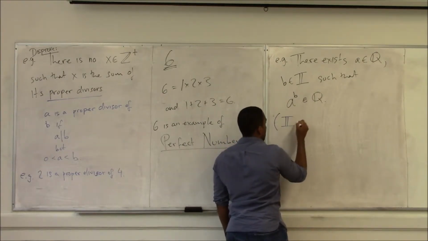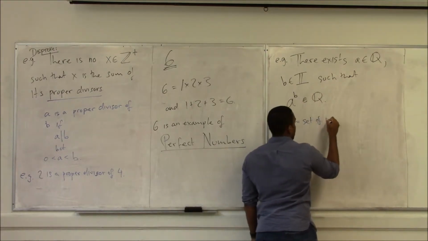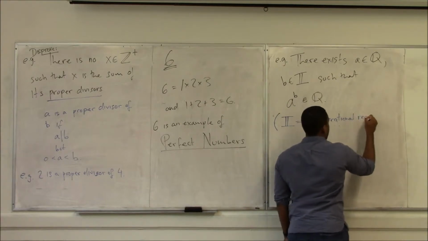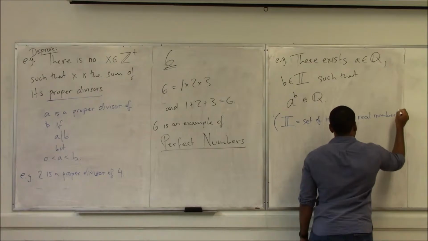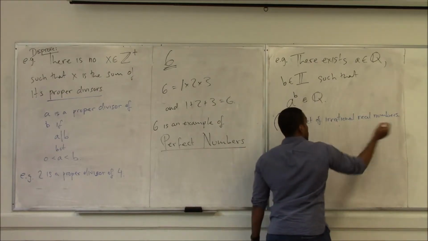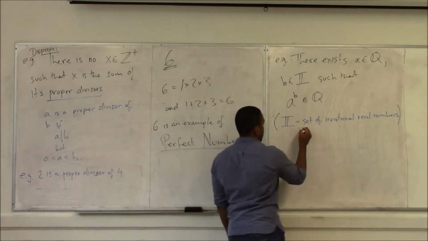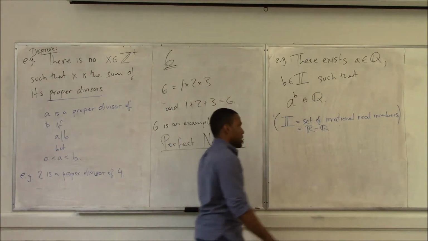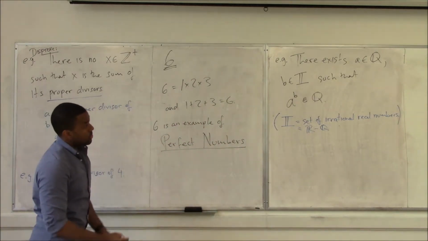I is equal to the set of irrational real numbers, right? The real numbers that are not rational. So I'm saying this is the set R minus Q. All numbers on the number line that are not fractions.